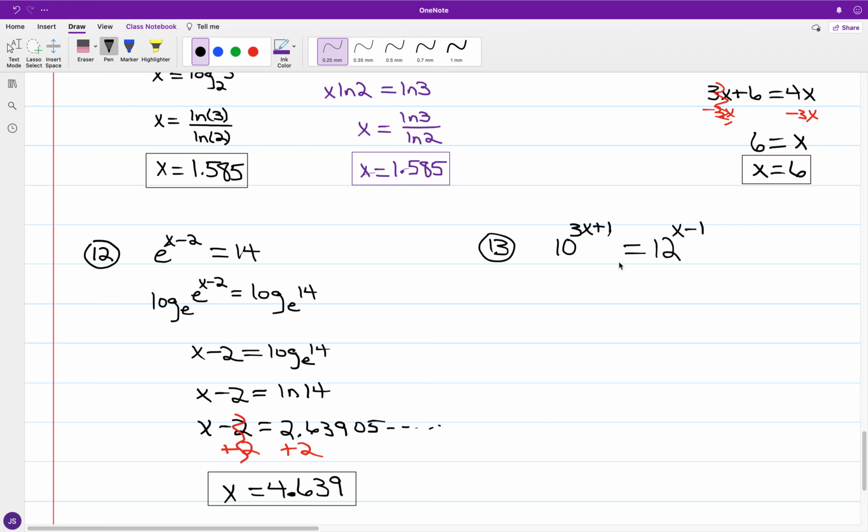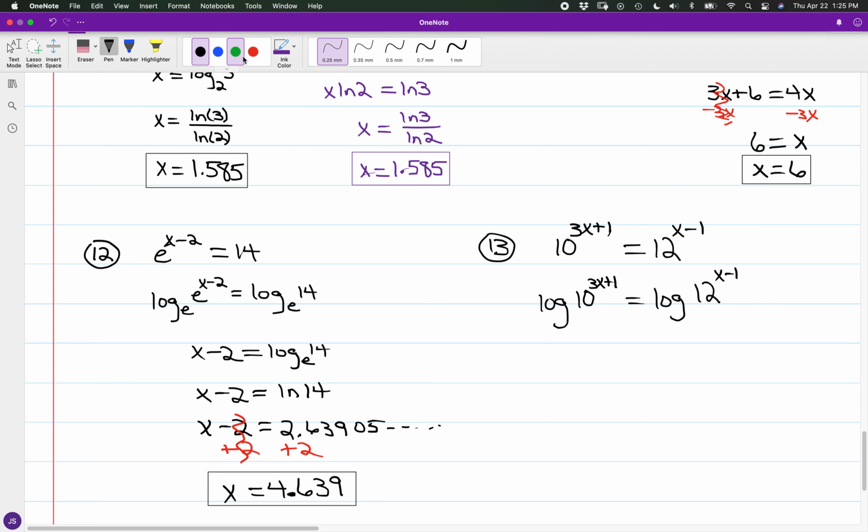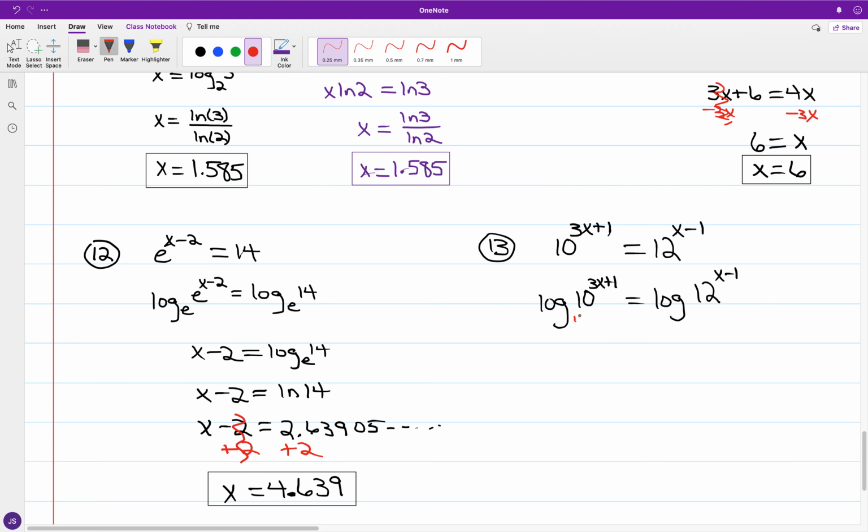If I take base 10 logarithms, let's say on both sides, log is going to be base 10. Guess what? You've got that of 10 to the 3x plus 1, so the left-hand side automatically becomes 3x plus 1.